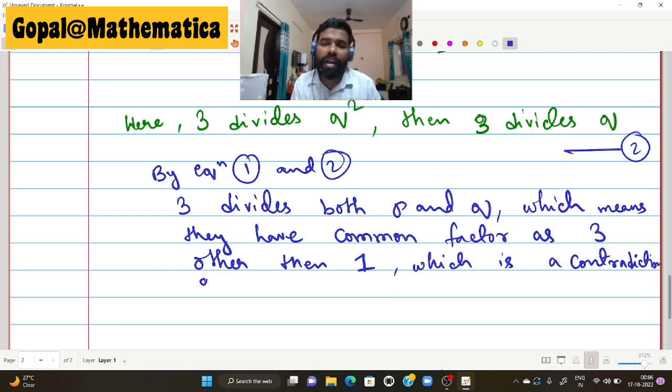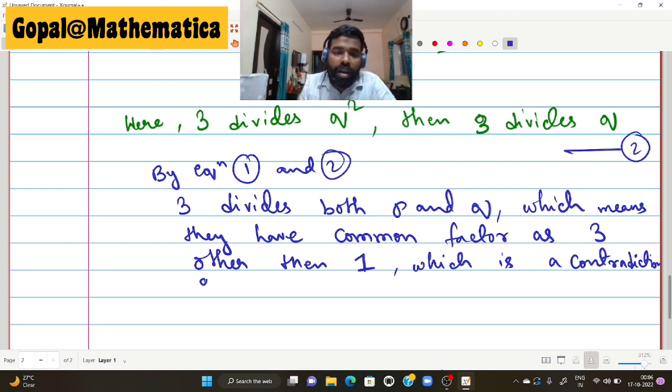This means what? We said that the given number is rational, and when we take it as rational, we see that p and q have some common factor, whereas the definition of a rational number says that there is a co-prime relation between p and q. But here we can see that there is no co-prime relation. Hence we can say that root 3 is irrational.